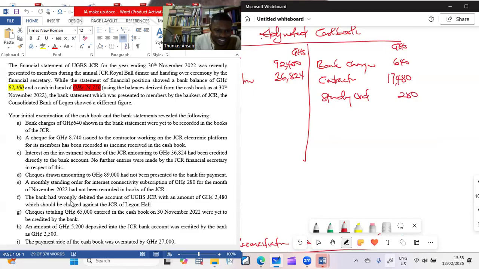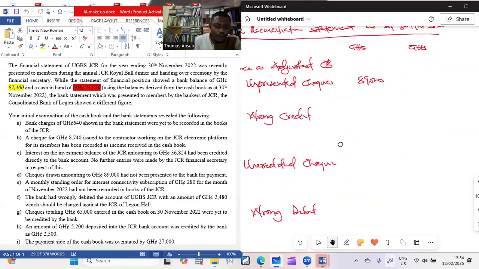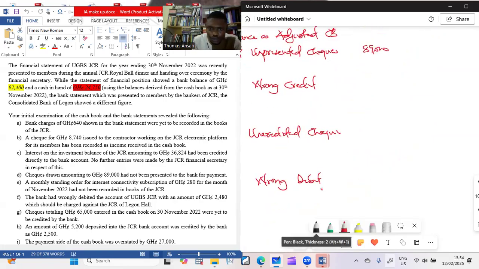Next, the bank has wrongly debited our account, UGBS JCR, with 2,480, which belongs to another account. So this one is an error that is resulting in a decrease of our account. So that one will be a wrong debit, a wrong debit of 2,480.